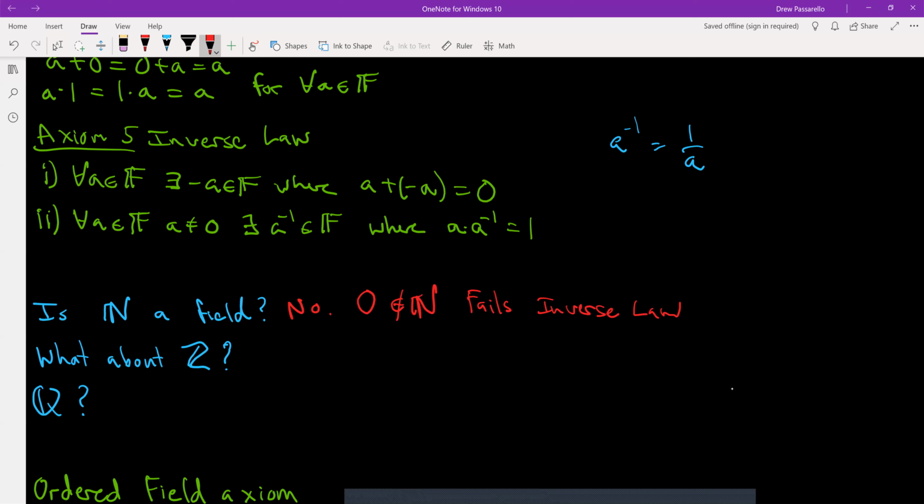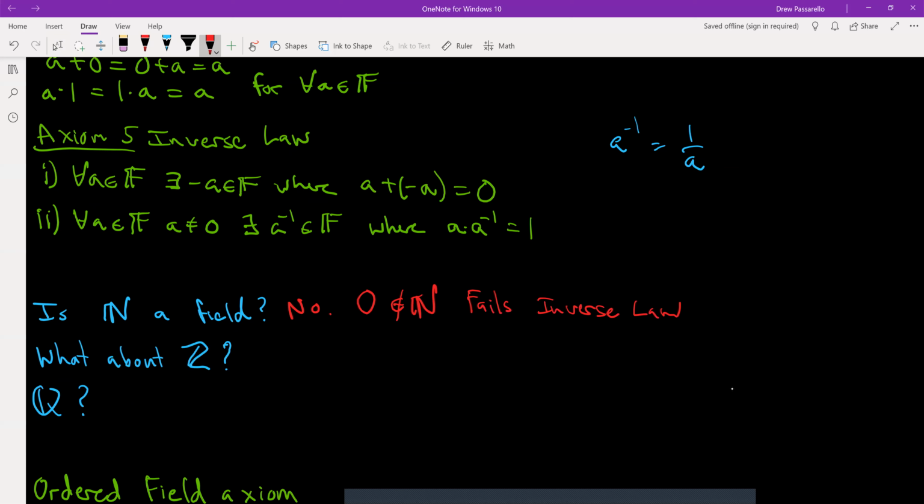Because we don't have negative elements such that when we add them to an element in N, we get 0. Well, 0 is not even in the natural numbers. And when you do A to the negative 1, which is essentially doing 1 over A, we don't have any of those elements in the natural numbers.